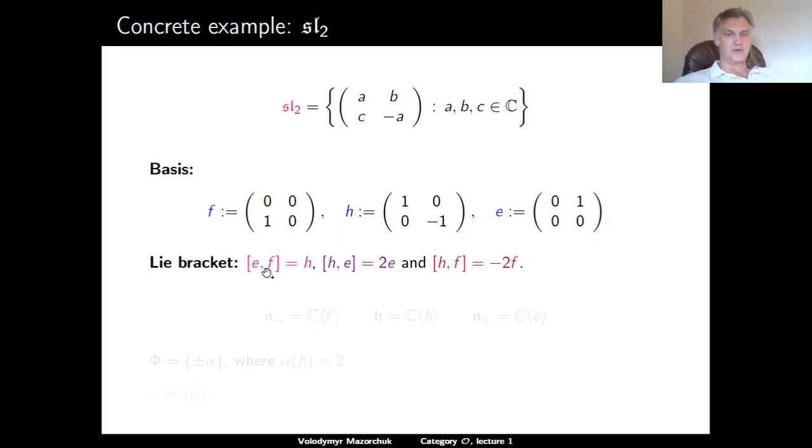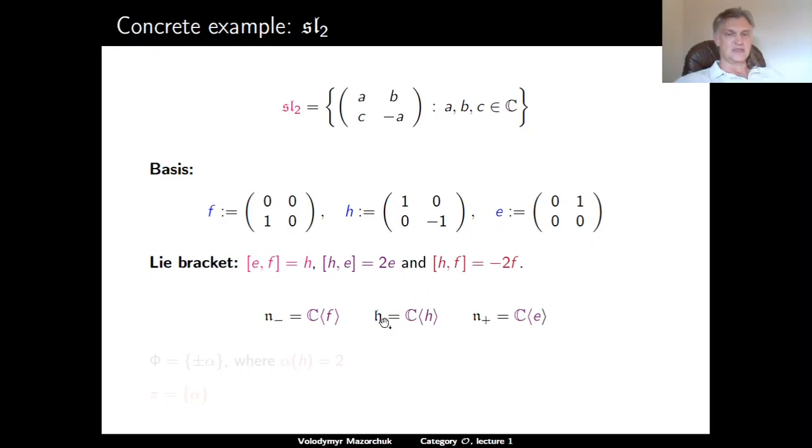The commutator of E and F is equal to H, the commutator of H and E is equal to 2E, and the commutator of H and F is equal to minus 2F. So in particular, E is an eigenvector for H with eigenvalue 2, and F is an eigenvector for bracketing with H with eigenvalue minus 2.